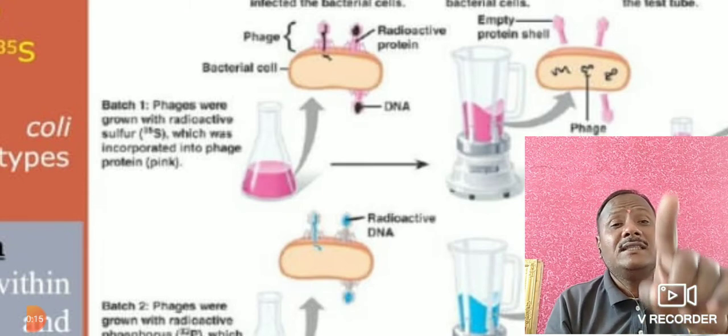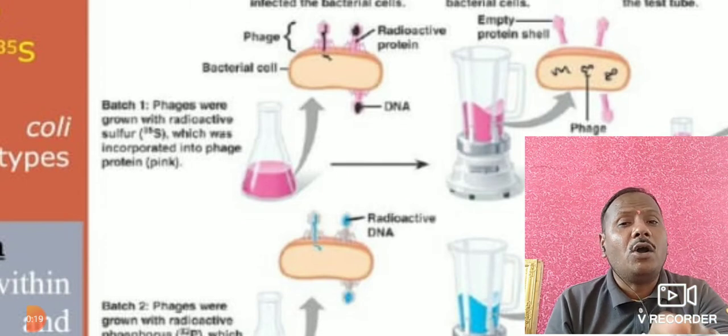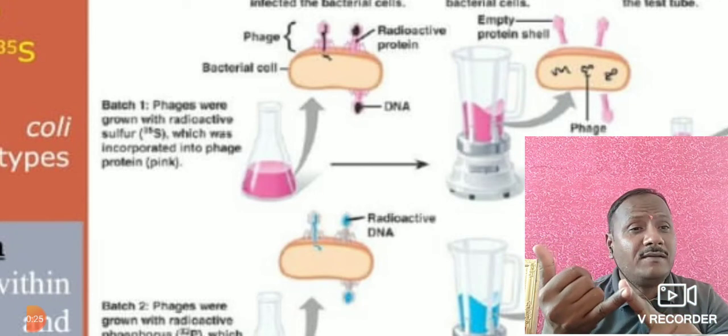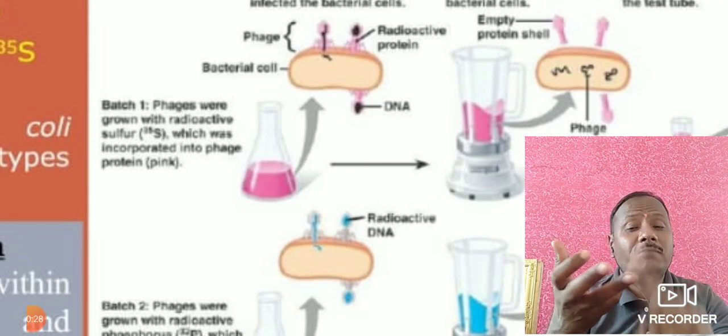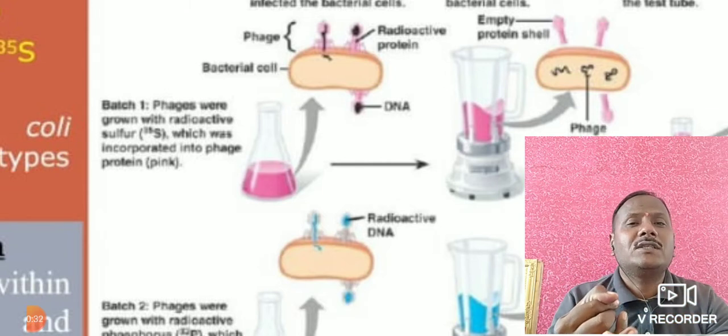It means that in the conical flask there is a mixture of one, growth medium, second, bacteria, third, bacteriophage, and number four, radioactive sulfur.